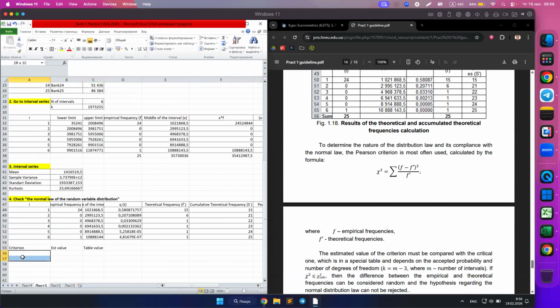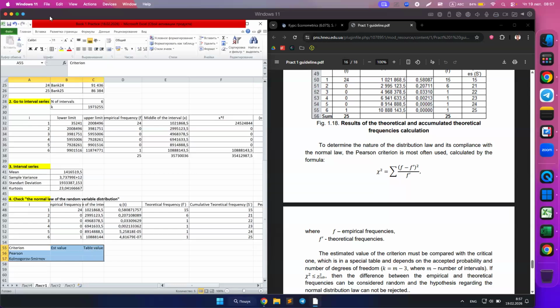So we have two criteria, the Pearson criteria and the Kolmogorov-Smirnov criteria. These two criteria can help us to achieve information about the normal distribution law.